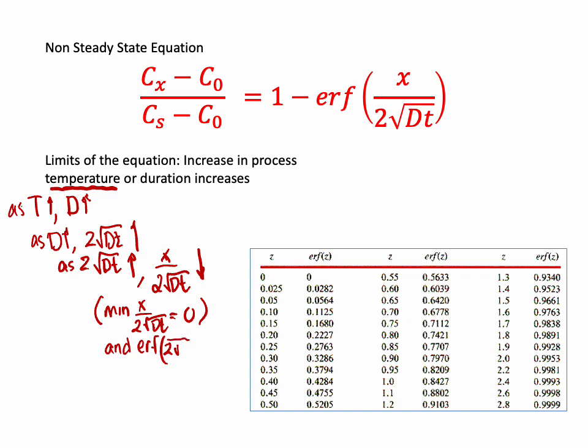Oops, gotta get an x there. 2 square root Dt. Okay, so if this whole quantity, error function of x over 2 square root Dt, approaches 0, then 1 minus error function of x over 2 square root Dt would approach 1.